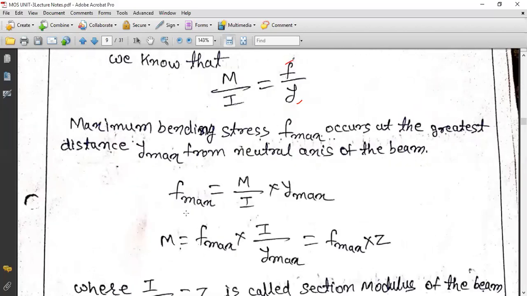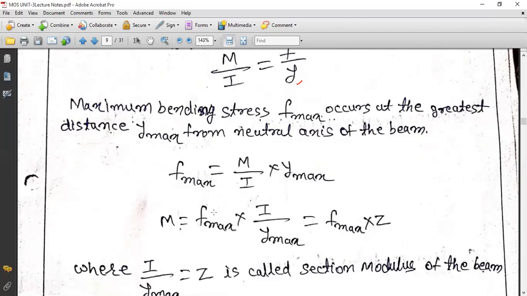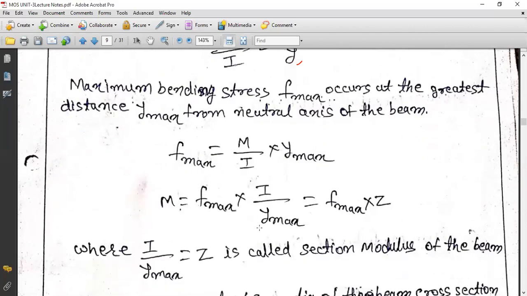So sigma maximum is equal to M upon I into y maximum. So M is equal to sigma maximum into I upon y maximum, equal to sigma maximum into Z. This I upon y maximum is the Z value, so Z is the section modulus.